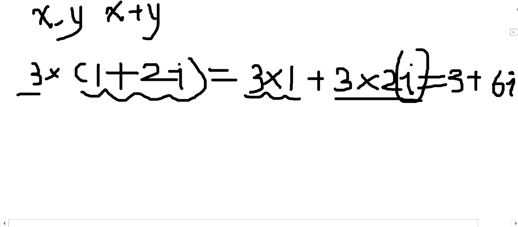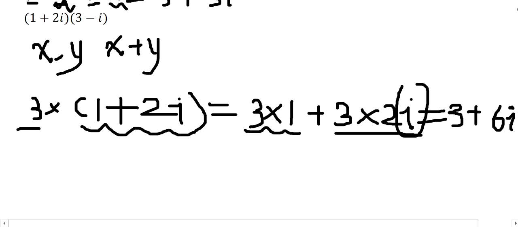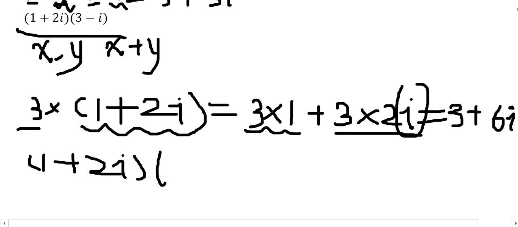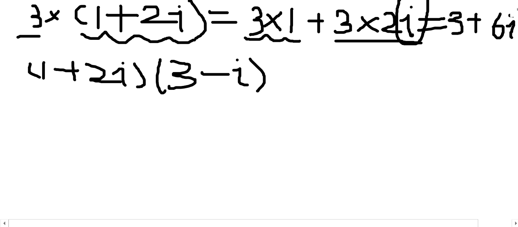Now we want to do a complex number times a complex number. In this example, let's rewrite it here: 1 plus 2i times 3 minus i. We want to convert this form into this.